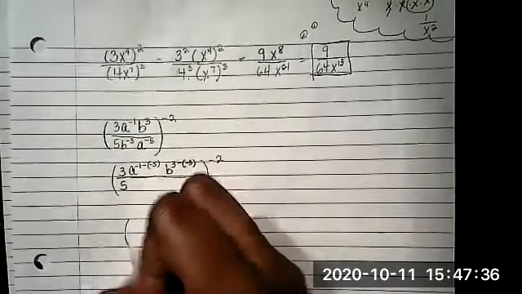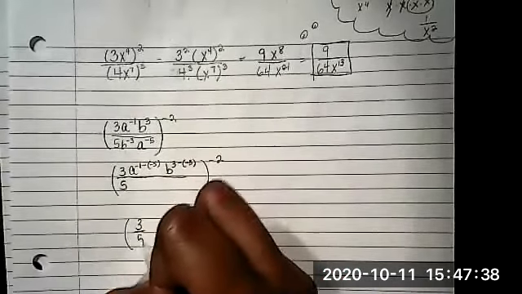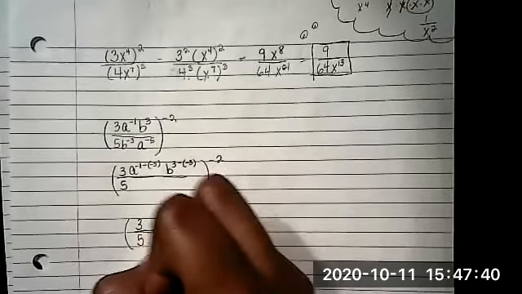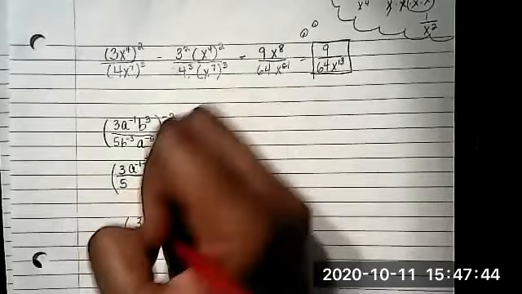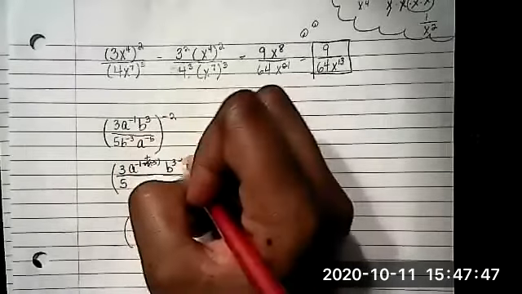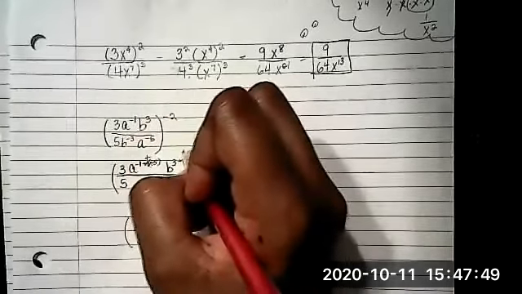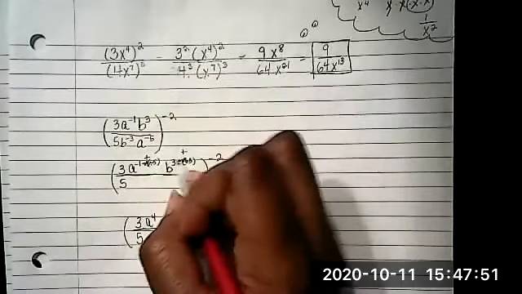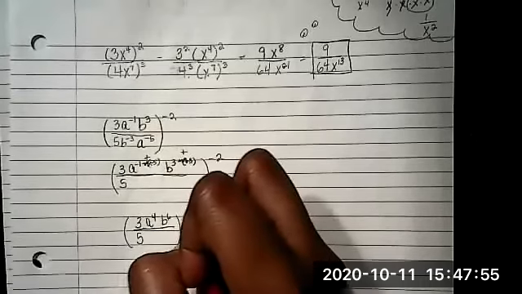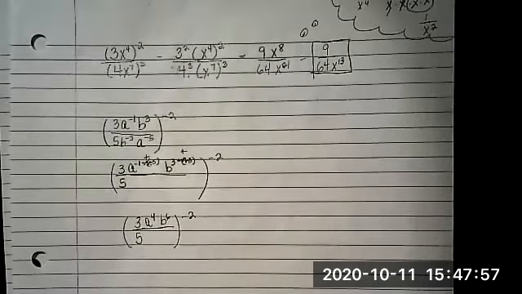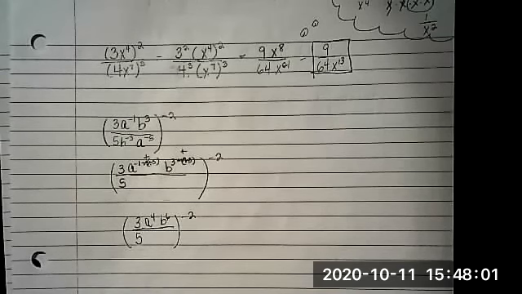So now I have 3 over 5, and then I have a to the negative 1, basically plus 5, which is 4. a to the positive 4. And then 3 minus negative becomes plus. That's 3 plus 3, which is 6. b to the positive 6. All that is raised to the negative 2 power. Okay? So that's what I did so far.